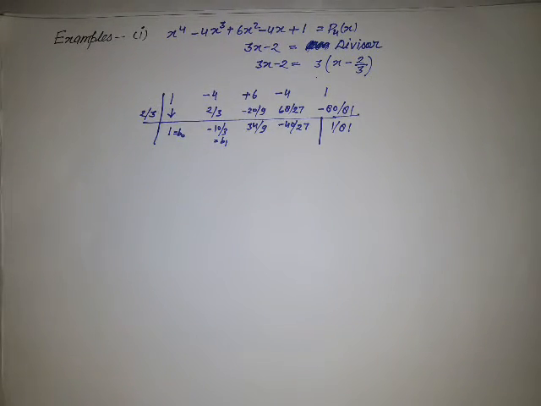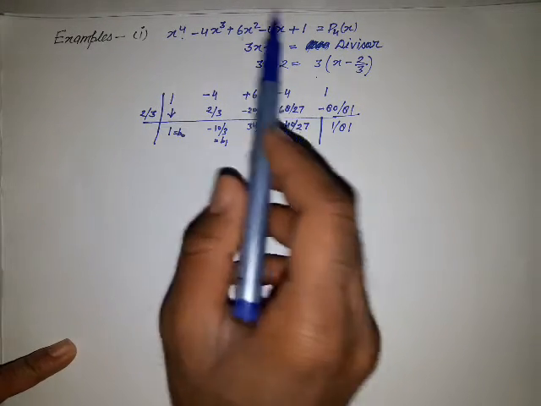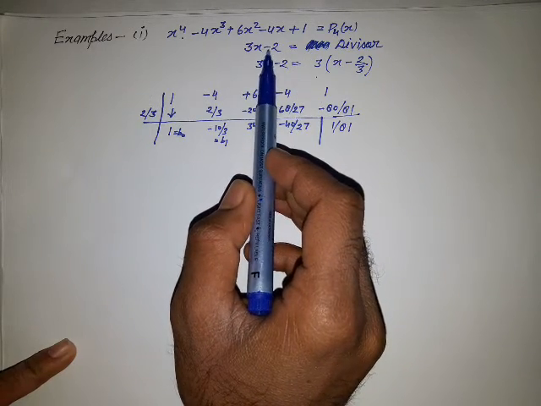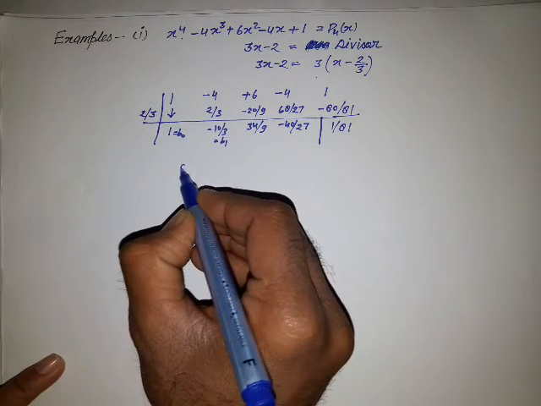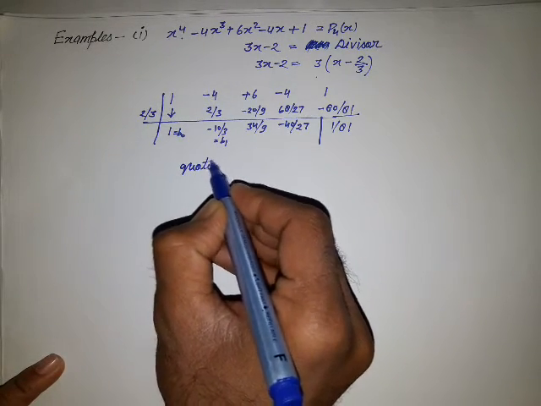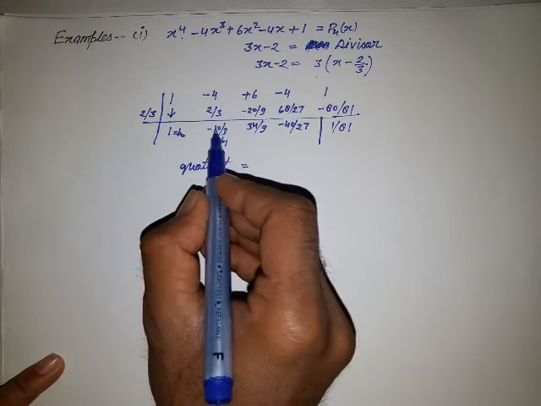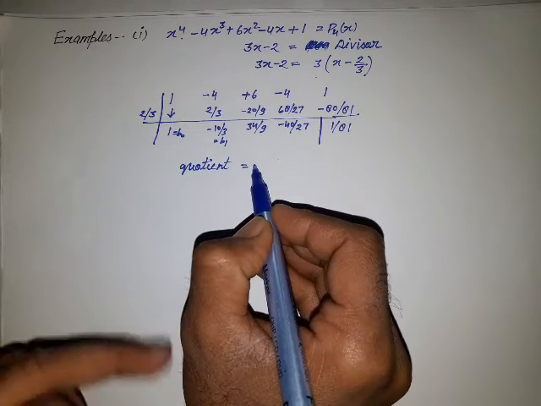You can see that this is our 4-degree equation and our divisor is of 1 degree. So the quotient should be of 3 degree. So we get the quotient here, and these are the coefficients of the quotient.